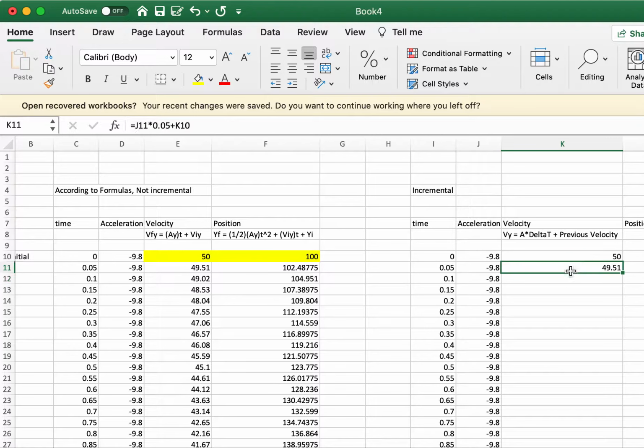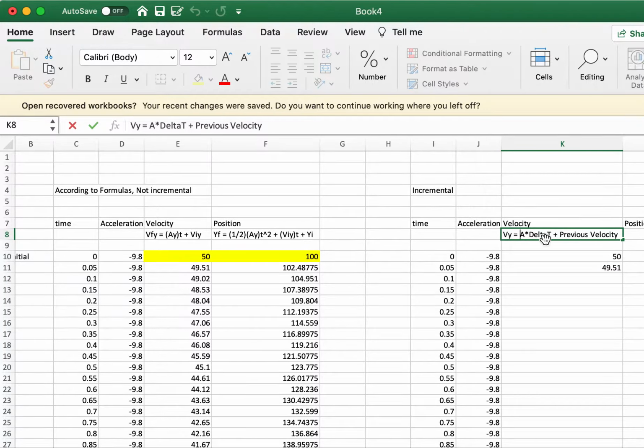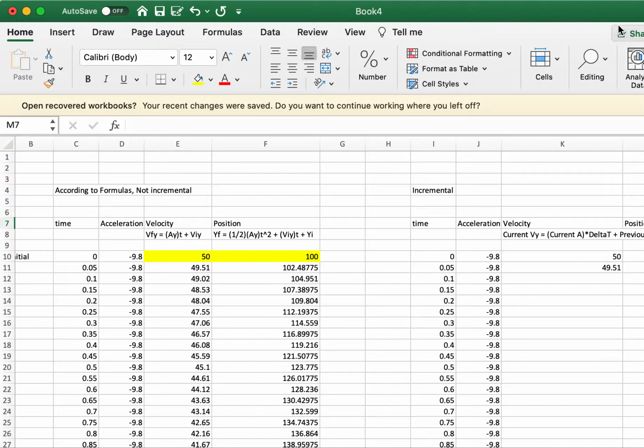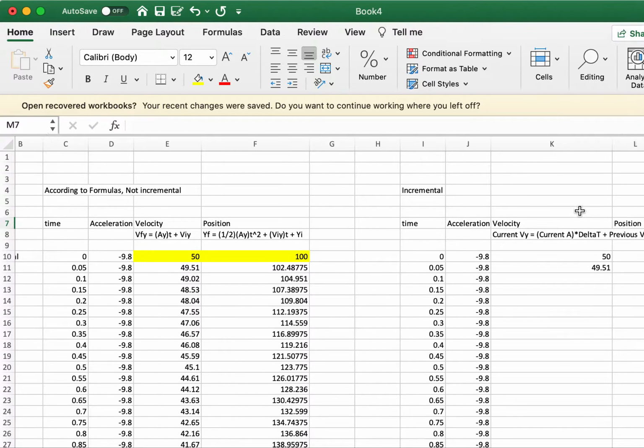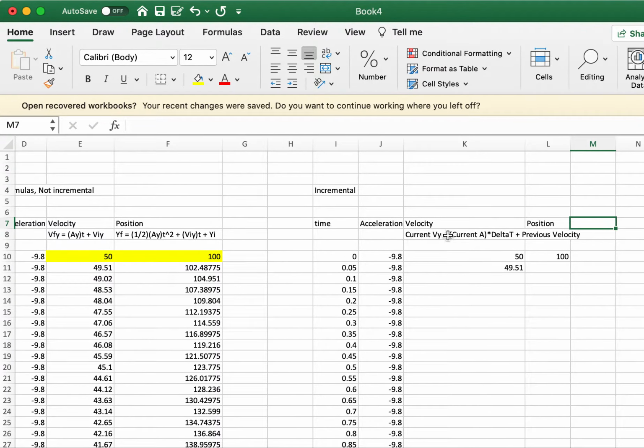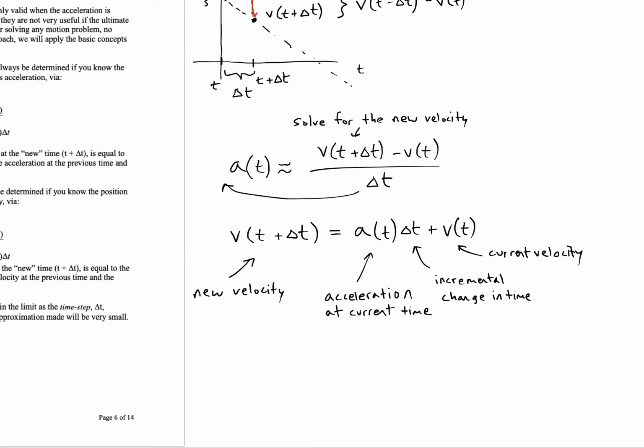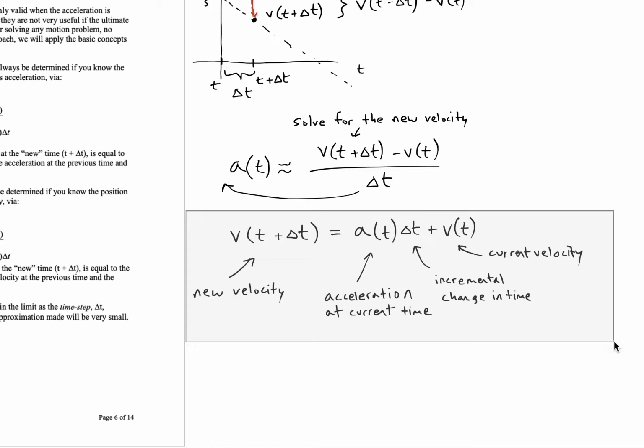All right, so just to be clear, current velocity equals current acceleration times the delta t plus the previous velocity. And it all just comes from this one: current acceleration times delta t plus.